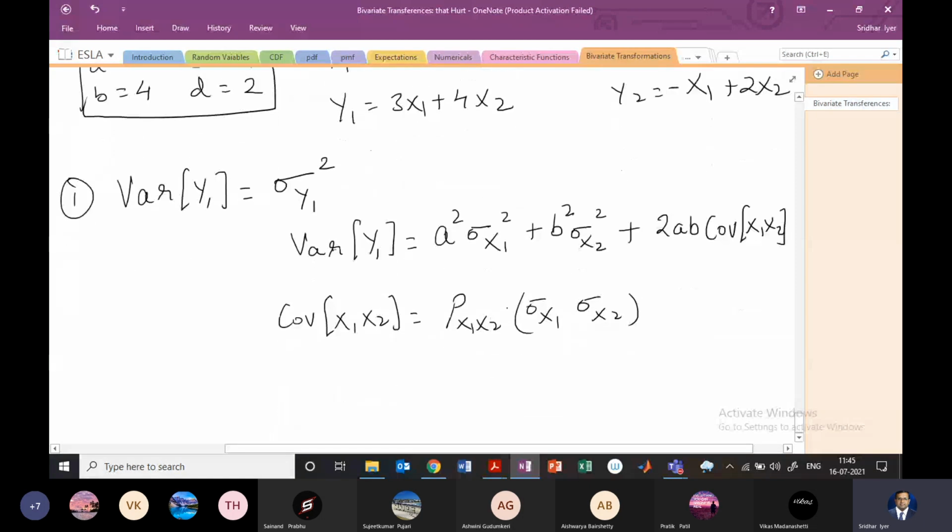Let me know what value of covariance you get first, and then finally we'll see what value of variance of y1 we get. Please understand we are given the variance value, and sigma x1, sigma x2 are standard deviations.